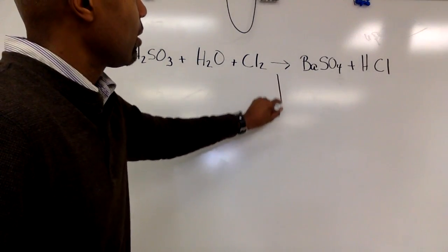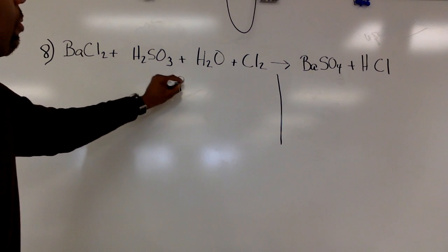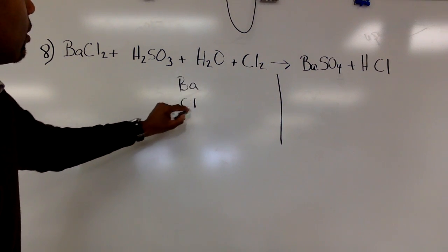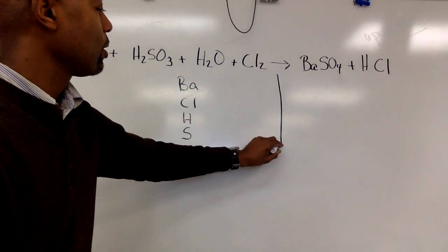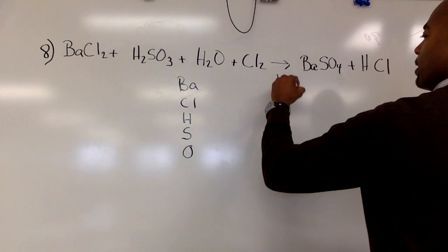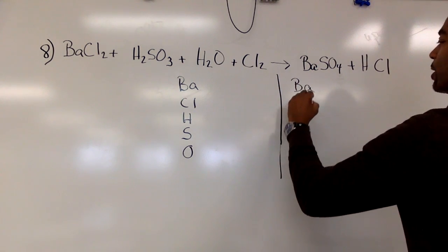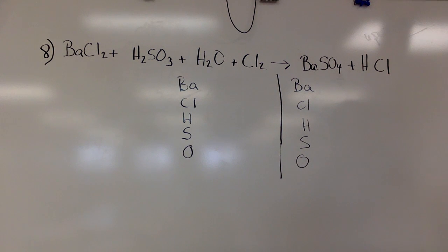All right, so I'm going to draw my little line there. On this side, we have barium, chlorine, hydrogen, sulfur, and oxygen. Okay, so on the other side, we should have the same elements: barium, chlorine, hydrogen, sulfur, and oxygen. All right. Now, on the left side, how many bariums do you see?